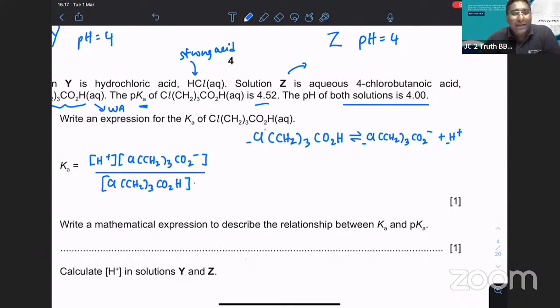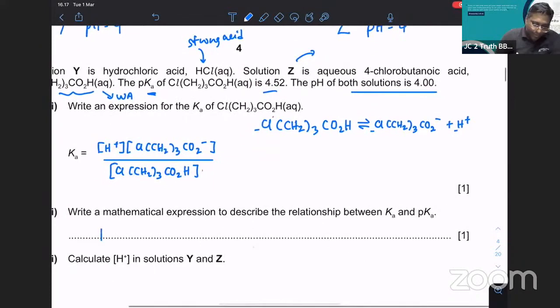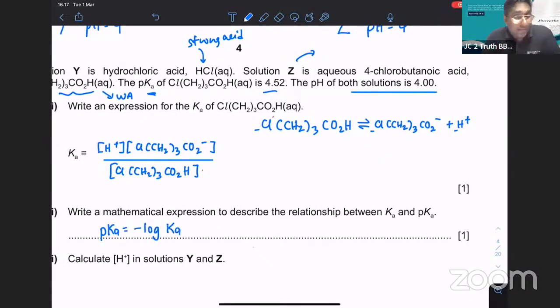Now, write a mathematical expression to describe the relationship between Ka and pKa. The relationship is quite simple. If you want to write down pKa, then pKa equals negative log Ka. You can answer like this.